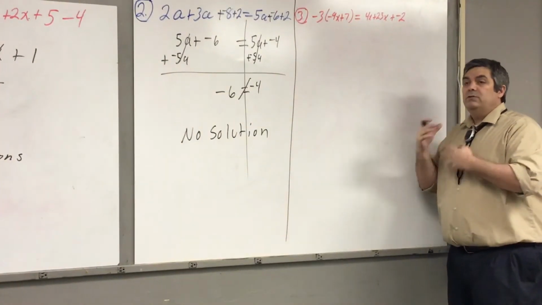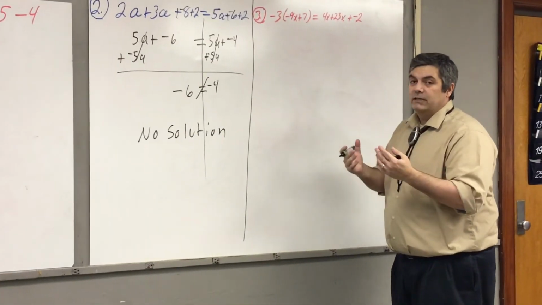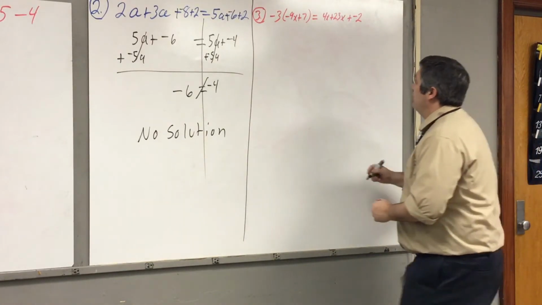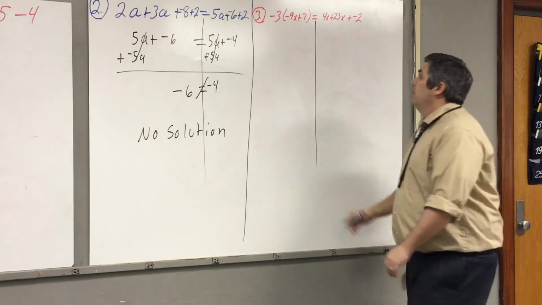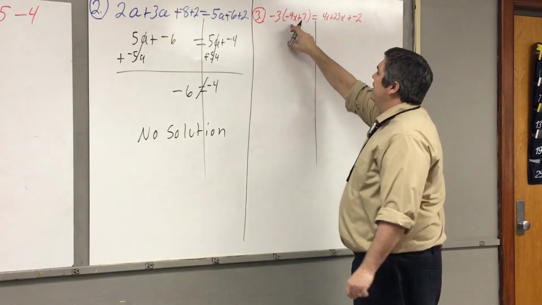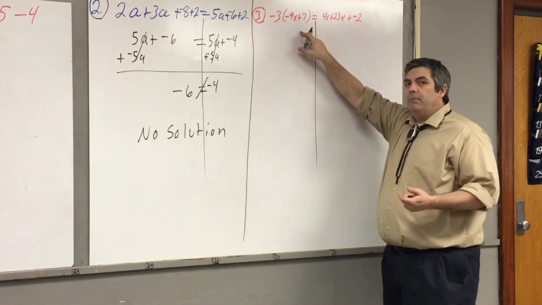So, going to keep moving. Again, once we've gotten comfortable with combining like terms, distributive property, and all those things, doing this isn't nearly as hard as when we first saw it. Okay, so draw our line just like normal. Now I'm going to look over here. I got negative 3, parenthesis, negative 9x plus 7, parenthesis. That's my distributive property.